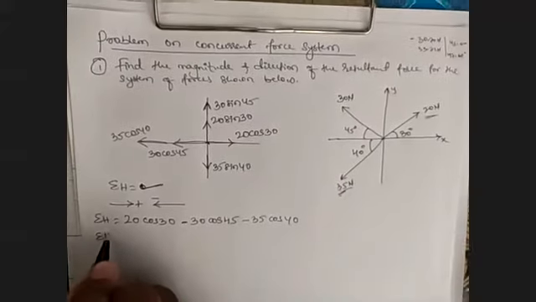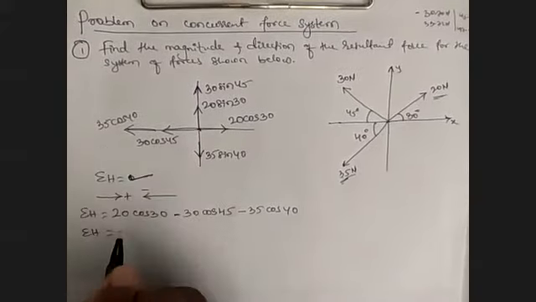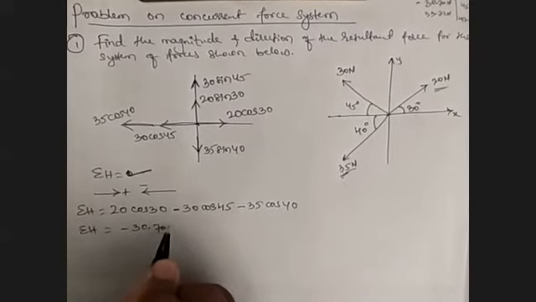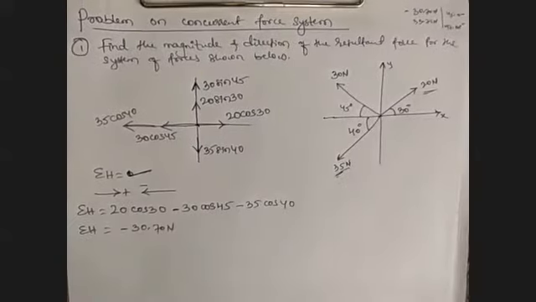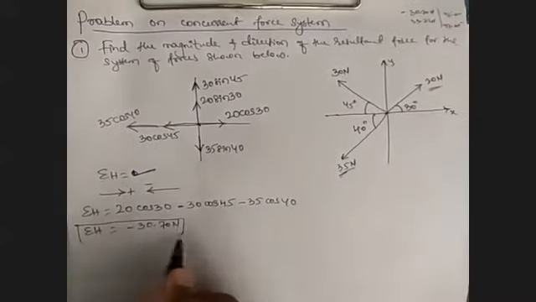Now if you just use your calculator and work it out, you will get summation of H is minus 30.70 Newton. Now this is summation of H.